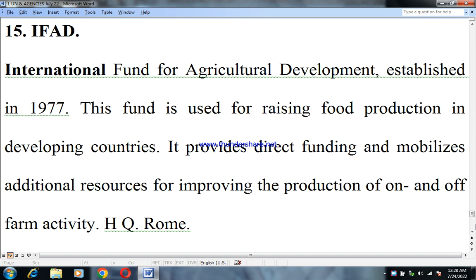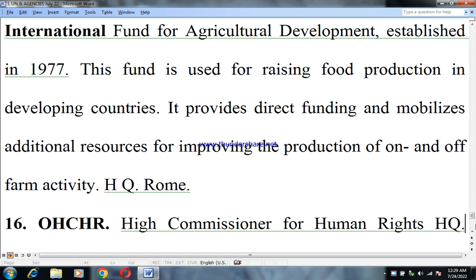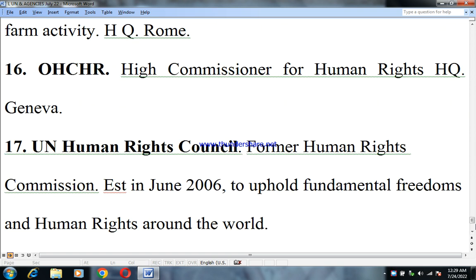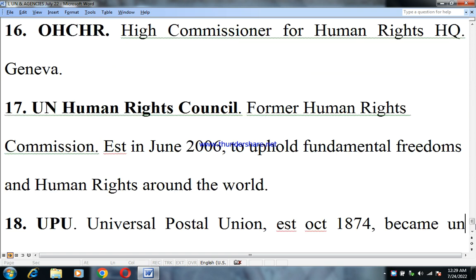Number 15, IFAD, International Fund for Agricultural Development, established in 1977. This fund is used for raising food production in developing countries. It provides direct funding and mobilizes additional resources for improving the production of on and off farm activities, and its headquarters is in Rome, Italy.